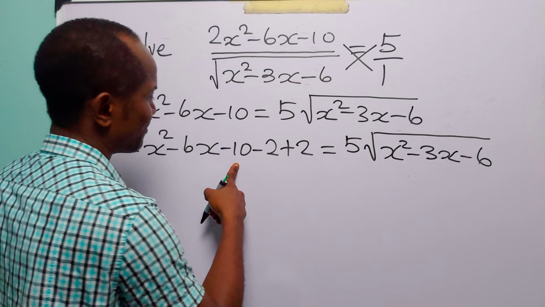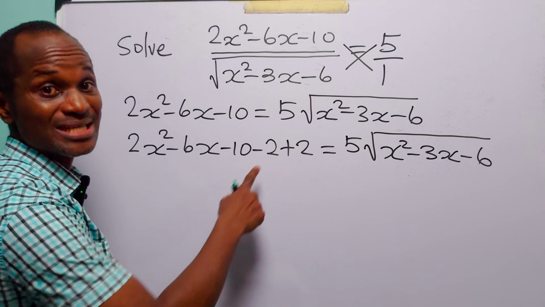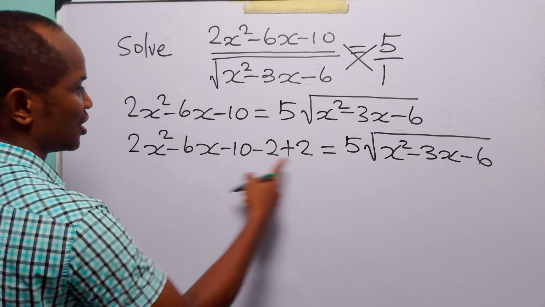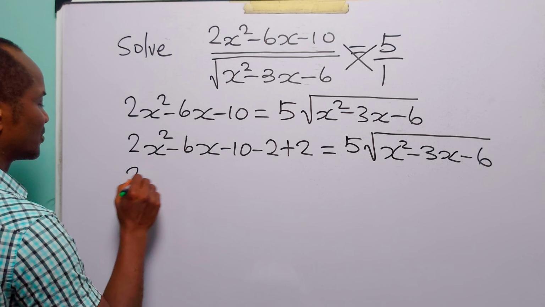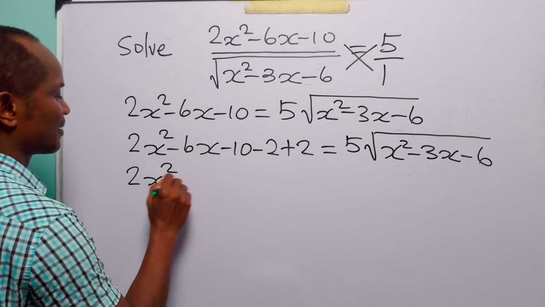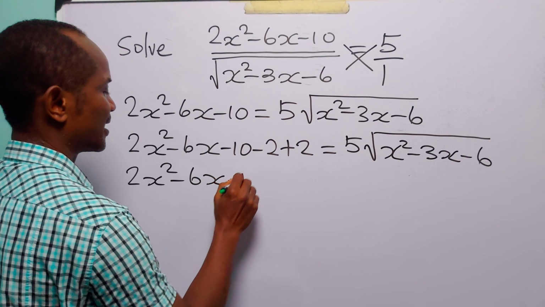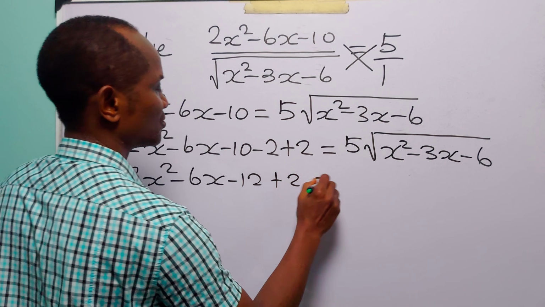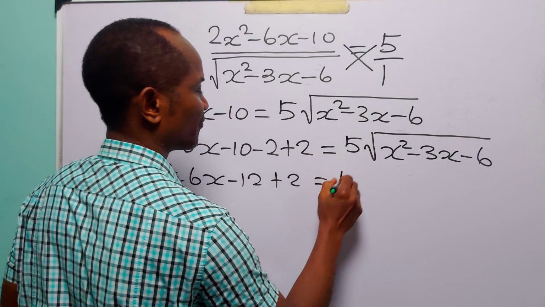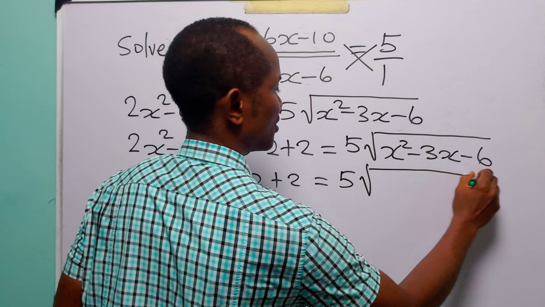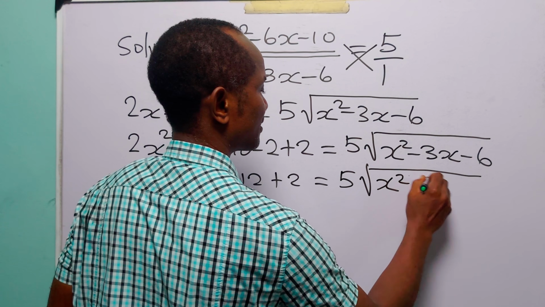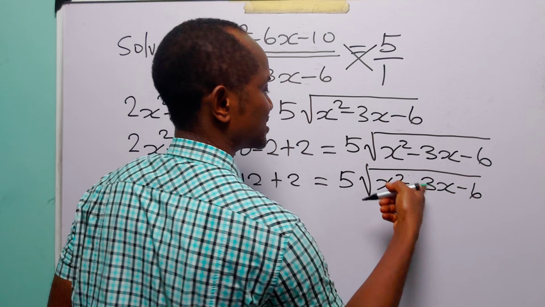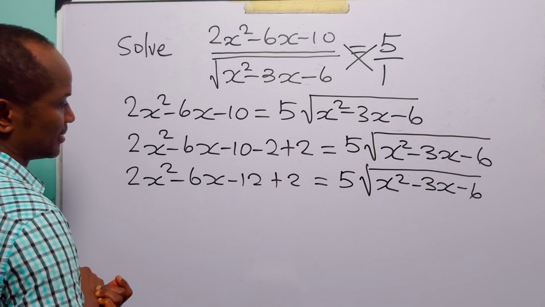Now, of course, you know that minus 10 minus 2 is equal to minus 12. So on the left-hand side, we have 2x squared minus 6x minus 12 plus 2, and we still have 5 times root x squared minus 3x minus 6 on the right-hand side.